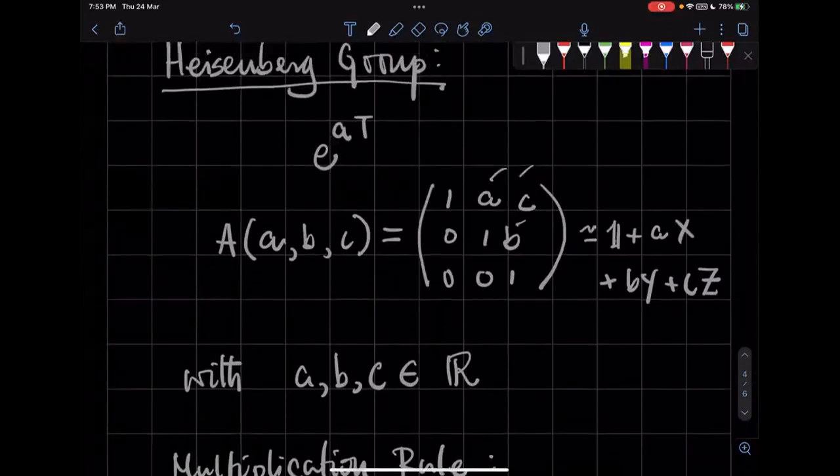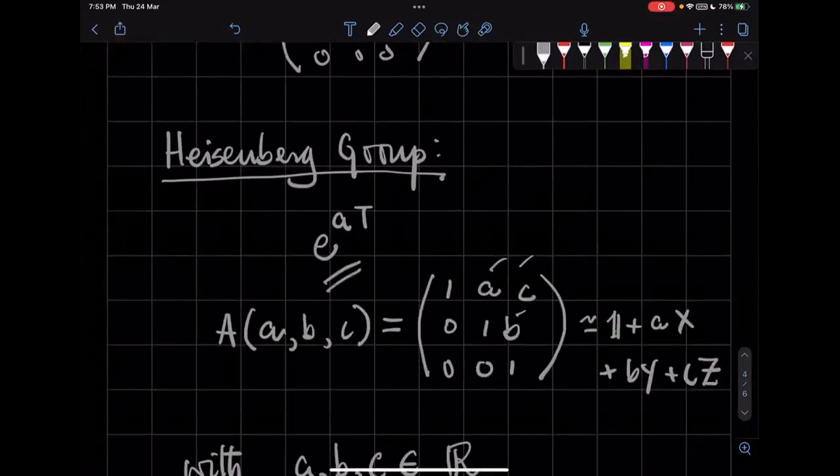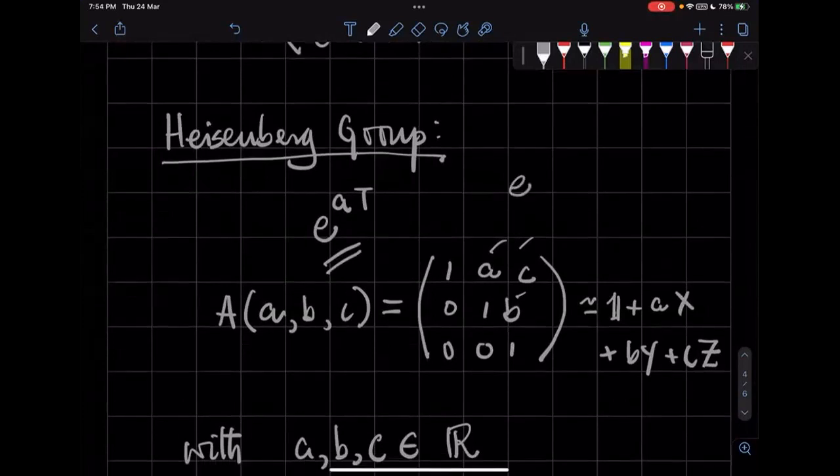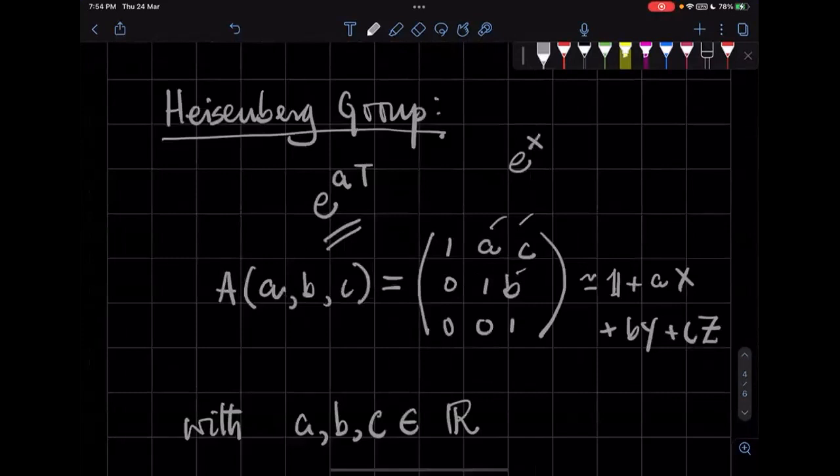Yeah, it would have been non-abelian if e to the power of some element m1 of the Heisenberg algebra and e to the power m2 were such that e^m1 e^m2 is not equal to e^m2 e^m1. That's when we have something that is non-abelian.